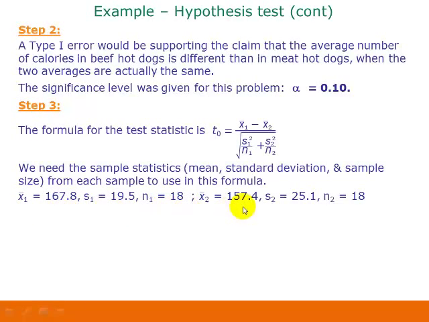And here we have our sample mean, standard deviation, and sample size from our second sample, which was the meat hot dogs. So we're going to plug all those numbers into the formula. We're just putting all the numbers from sample 1 on the left of this formula and all the numbers from sample 2 on the right. So if we work that out, we're going to get a test statistic of 1.393.